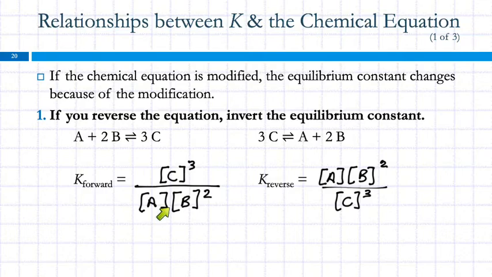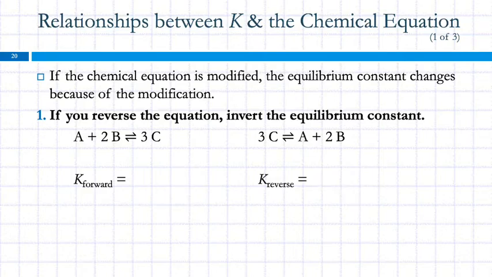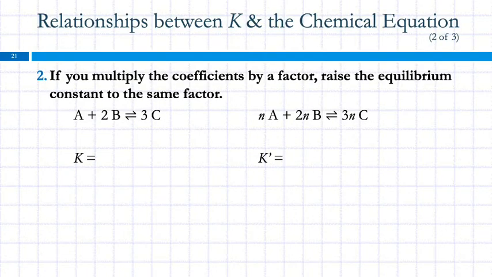So the difference between these two expressions is they are reciprocals. They're inverted, right? So if you want to reverse the equation, you invert the equilibrium constant. What if you multiply the coefficients by a factor? Then you have to raise the equilibrium constants to the same factor.